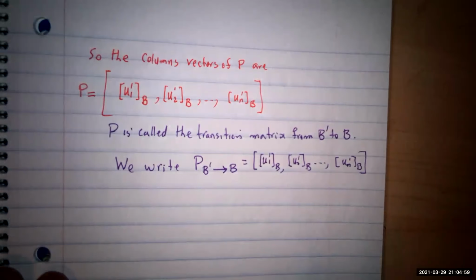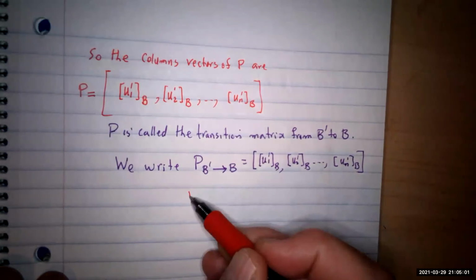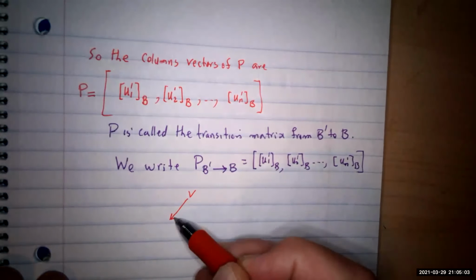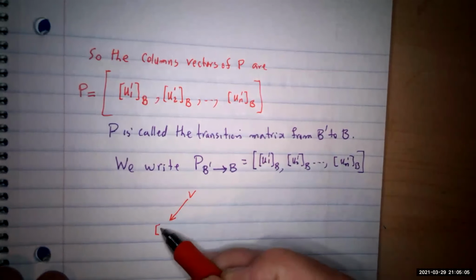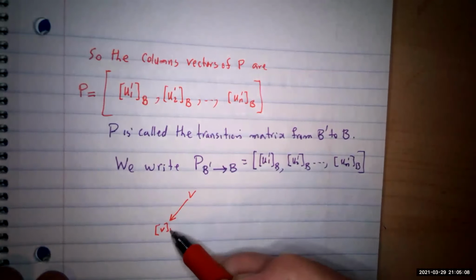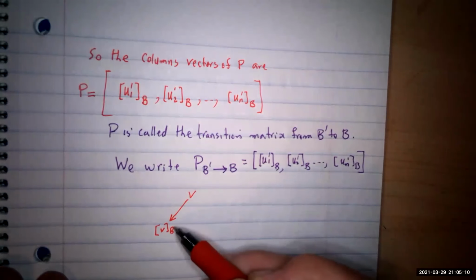I just write it down again here. This is going to be your V that takes you to B prime.